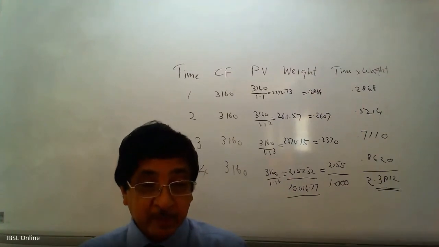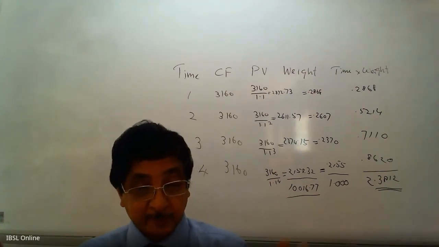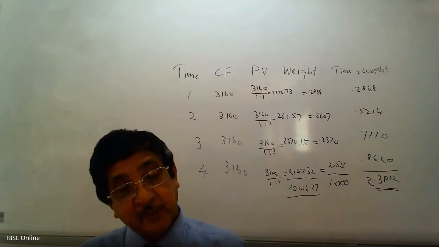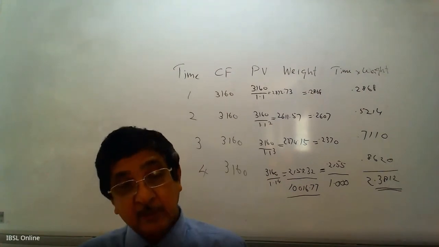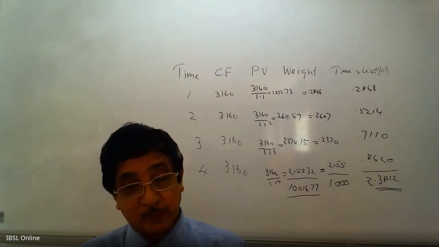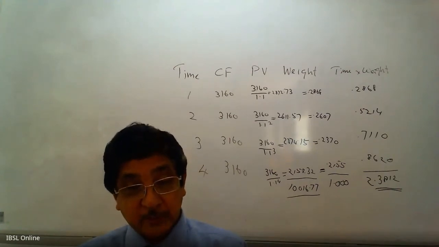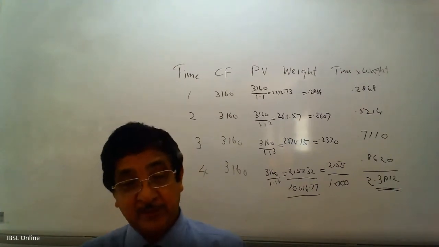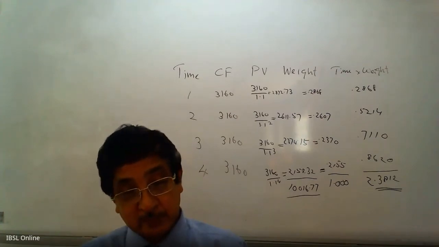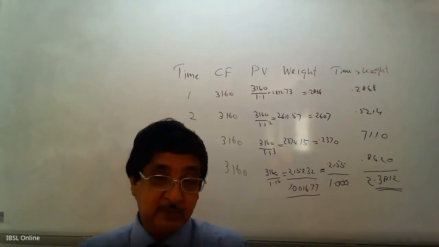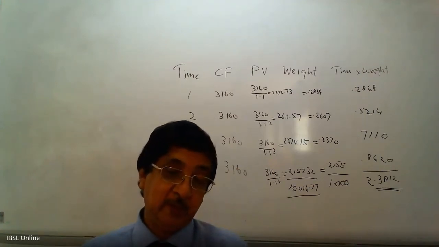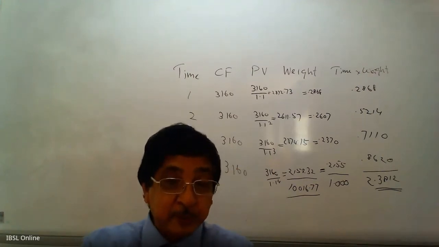But in a bond scenario, every cash flow is similar up to the maturity cash flow. On the maturity date, you get the whole cash flow of the bond, and that will be a big cash flow. So for a bond, when you calculate the duration, it is very close to the tenor of the bond. But for a loan, it is not so.